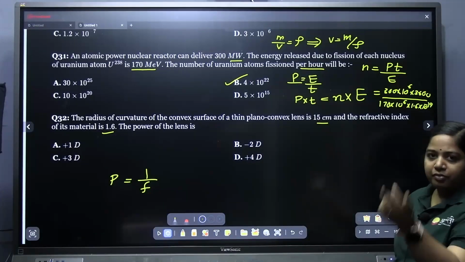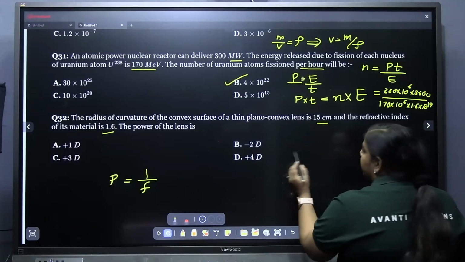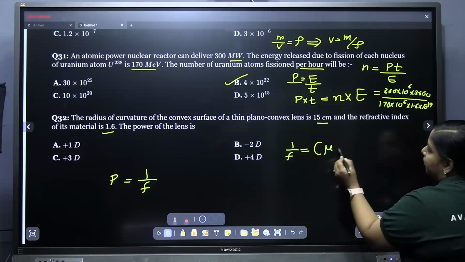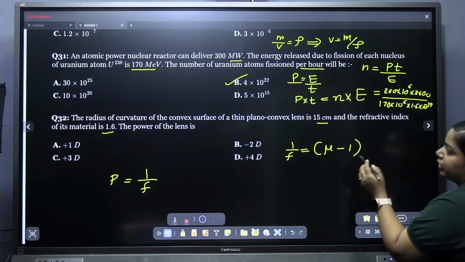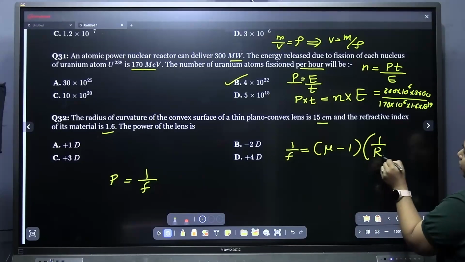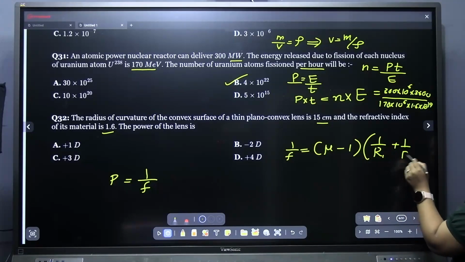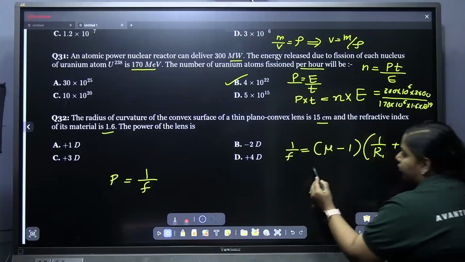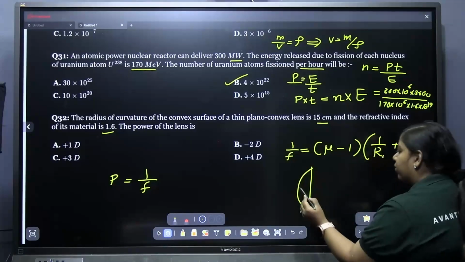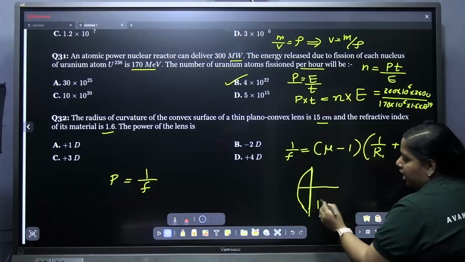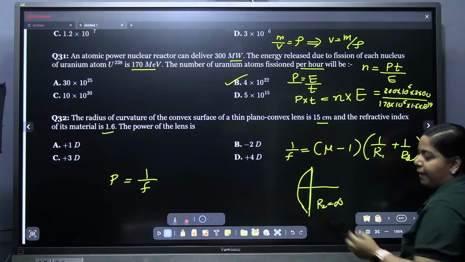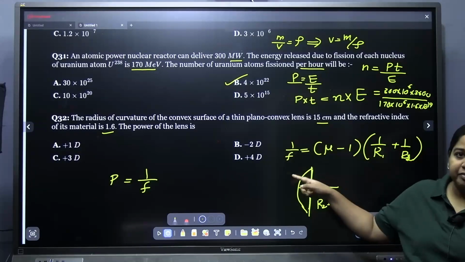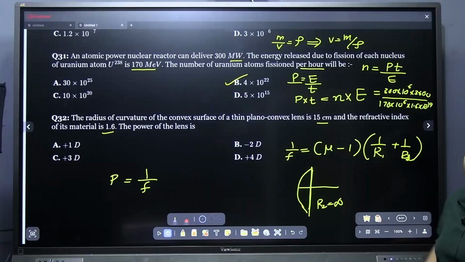For finding F, only the radius of curvature is given. 1 by F is equal to the lens maker's formula, mu minus 1 into 1 by R1 plus 1 by R2. In this, it is a plano convex lens, so it is like this. This side R2 is equal to infinity. R1 is given as 15. So find F, convert it to meters, you will get the power.